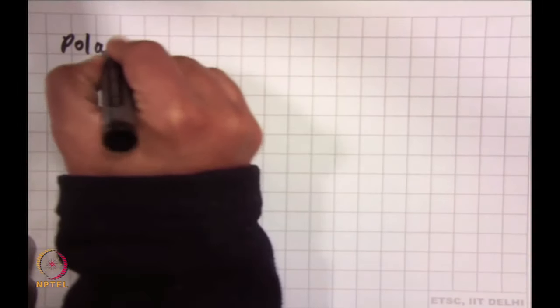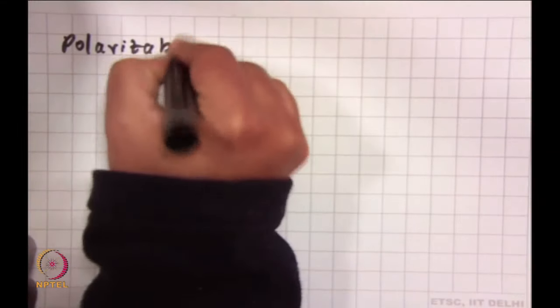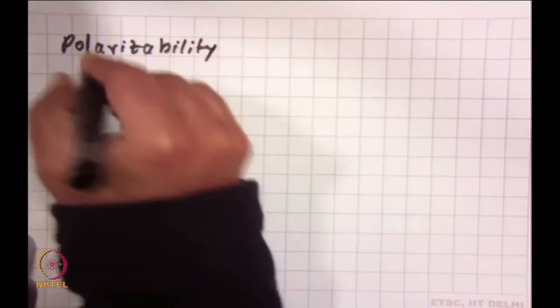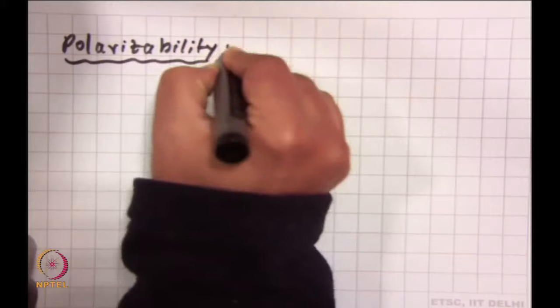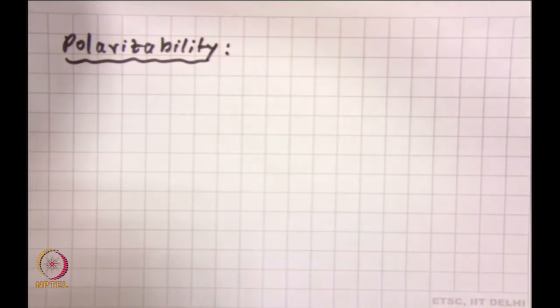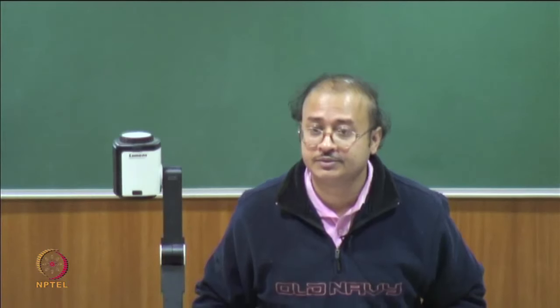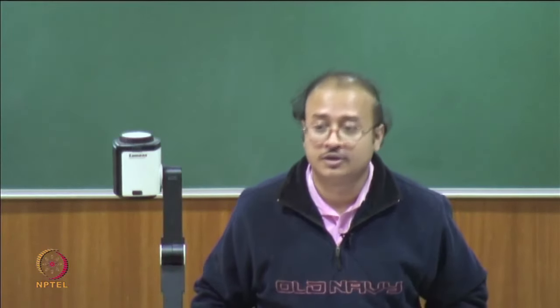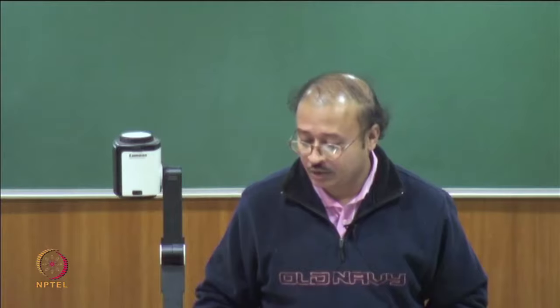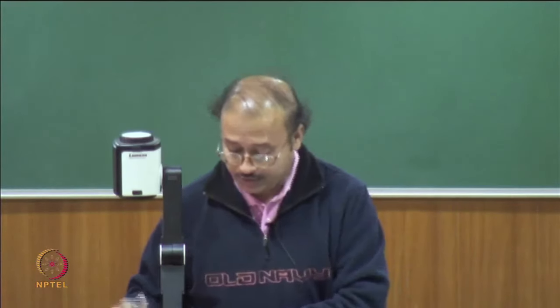When we talk about polarizability, what do we actually mean? Can anyone say? Just a very brief definition of polarizability. Distortion of the charge, right. Precisely, that is what it is.